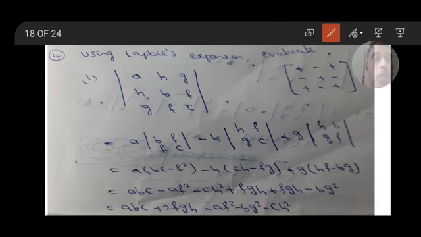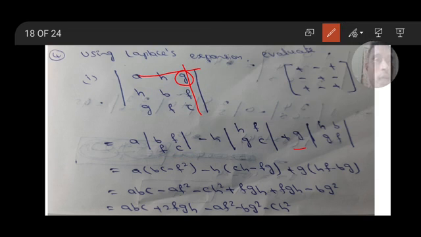Okay, first row. So A into minor, we have to remove row and column: B, F, F, C. Next, minus H into its minor: H, F, G, C. Okay. Plus G into its minor: H, B, G, F.